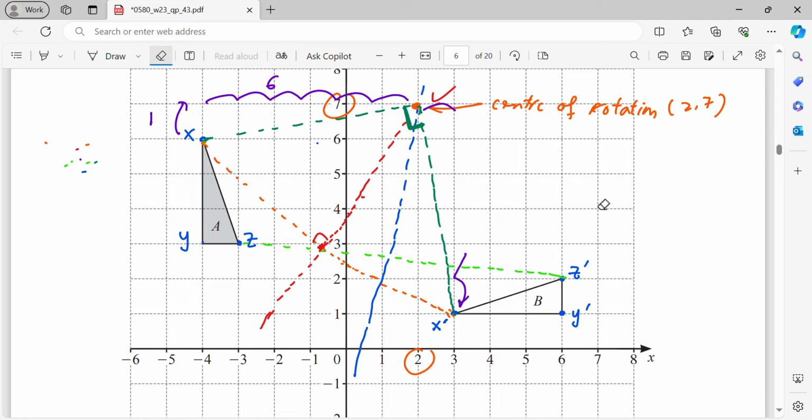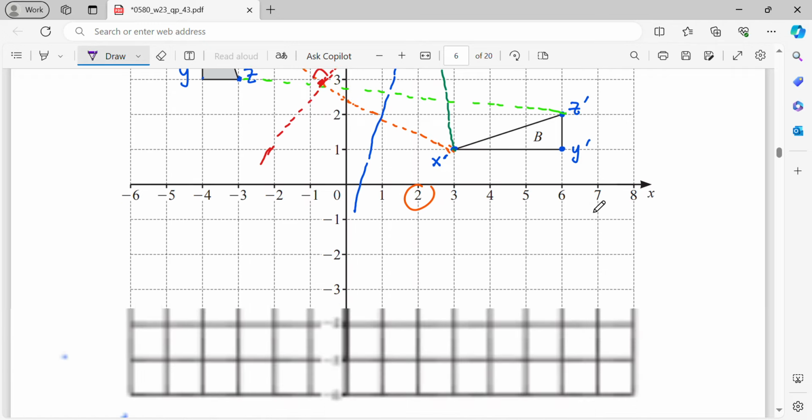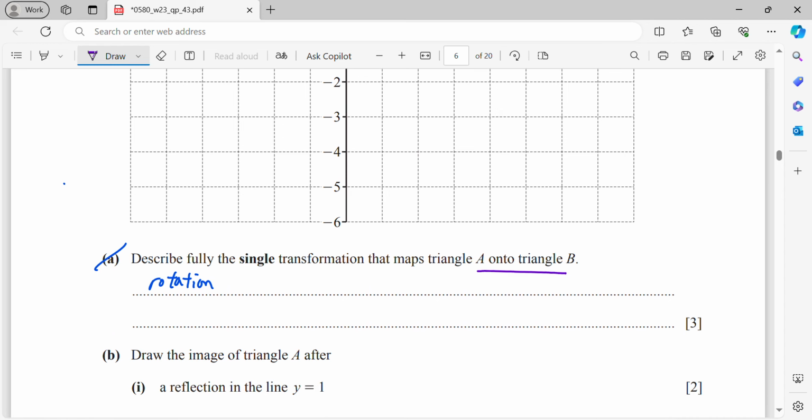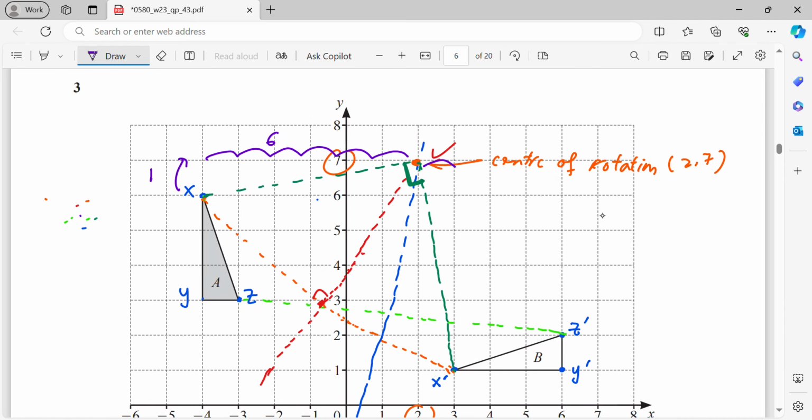Alright, so from here, you check your A, you map A onto B. That means your A is the object and your B is the image. Now from A to B, this is your direction of the rotation. That means this is anti-clockwise.